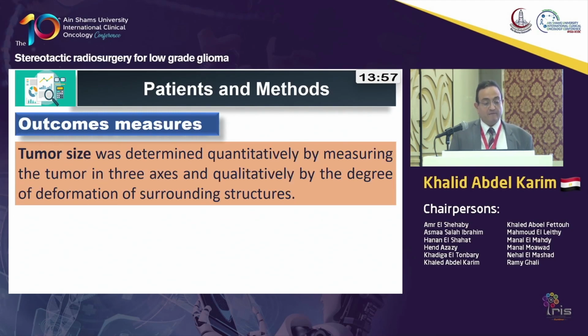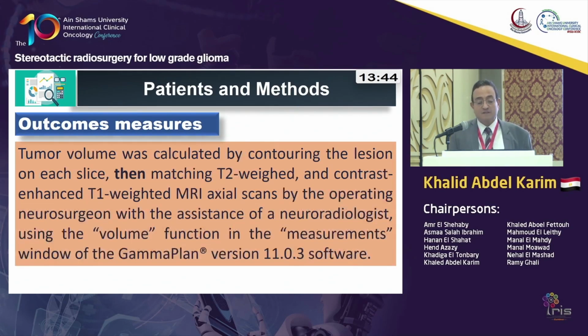How we had the outcome measured: tumor size was determined quantitatively by measuring the tumor at 3 axes, and qualitatively by the degree of deformation of surrounding structure. Tumor volume was calculated by contouring the lesion on each slide.